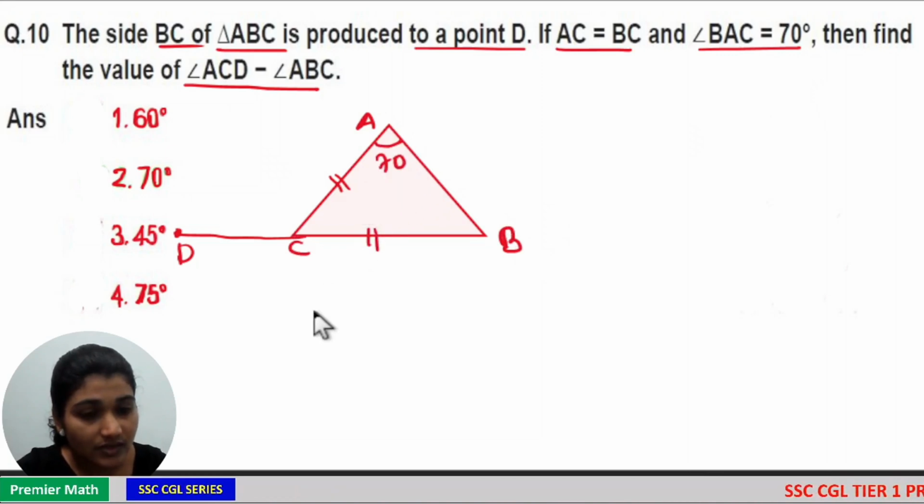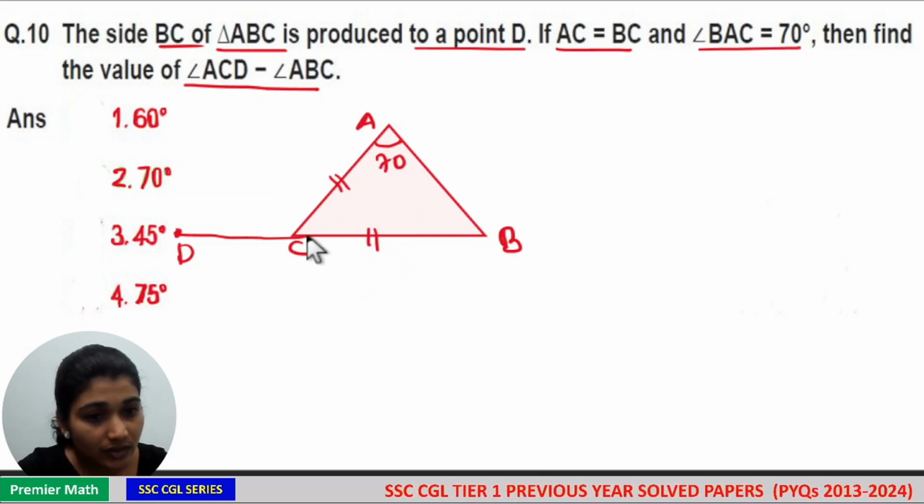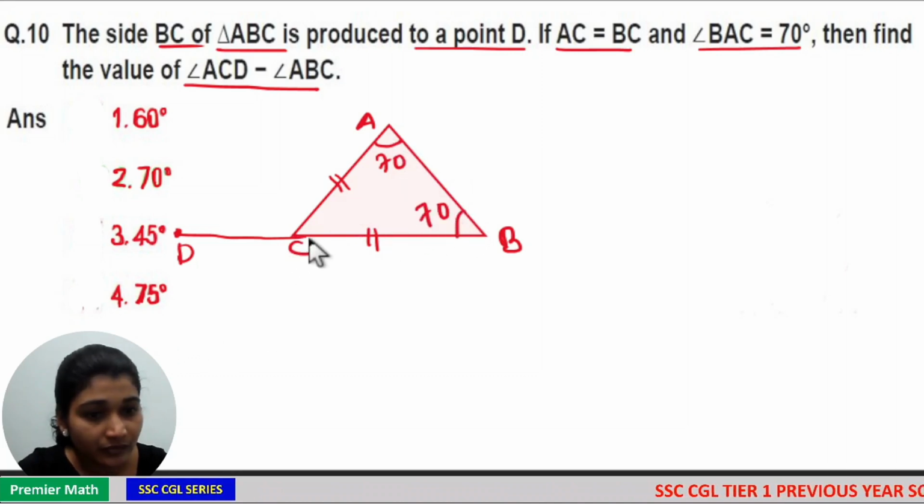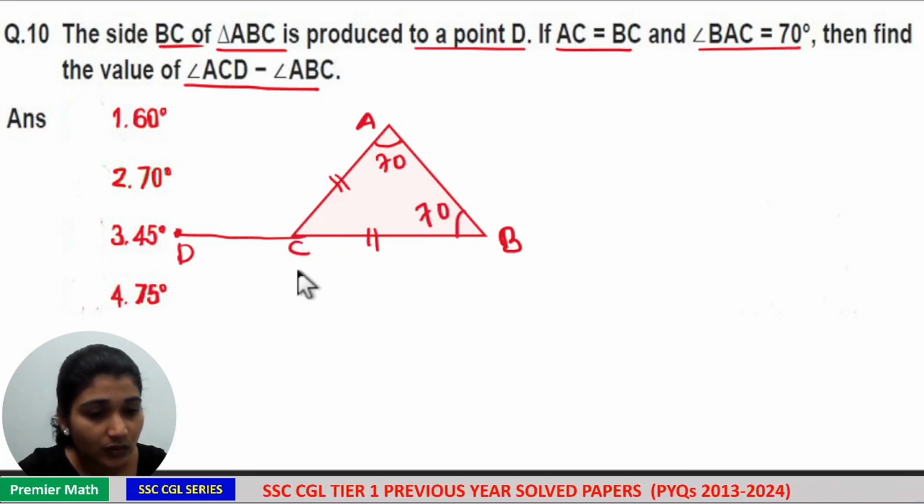So this is an isosceles triangle. Means if these two sides are equal, here this is the vertex joining these two sides. Then opposite side is base. Then these two angles will be equal. That is, if this is 70, this should be 70. Opposite to vertex, these two angles are equal.